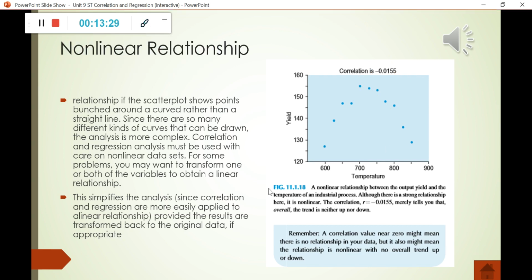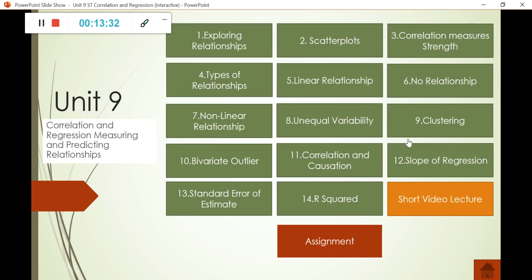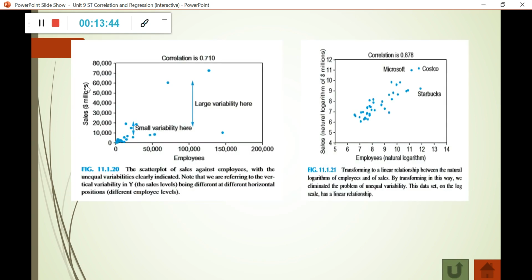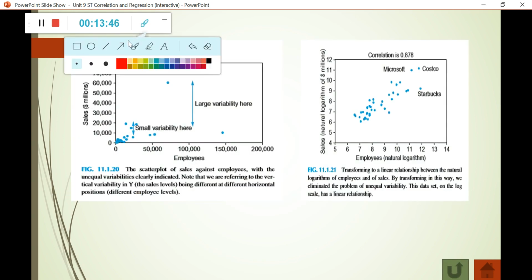Now, let's look into unequal variability. Unequal variability happens with very large data sets. Why? Because it happens that at some point the data is very narrow, very tight.